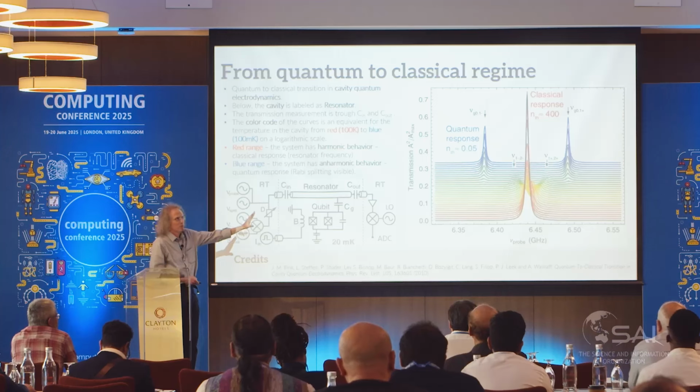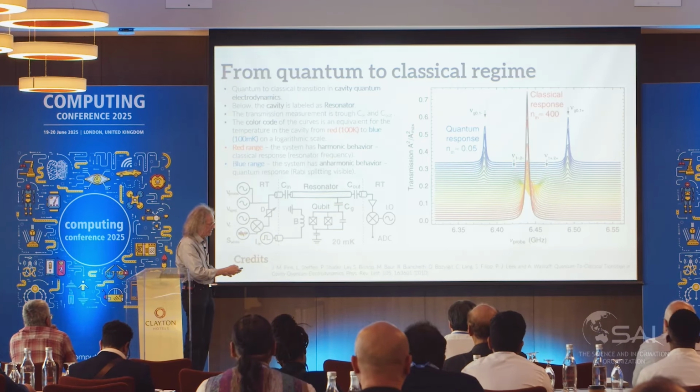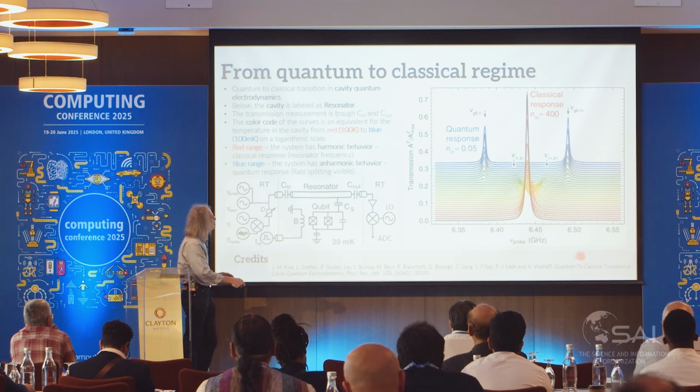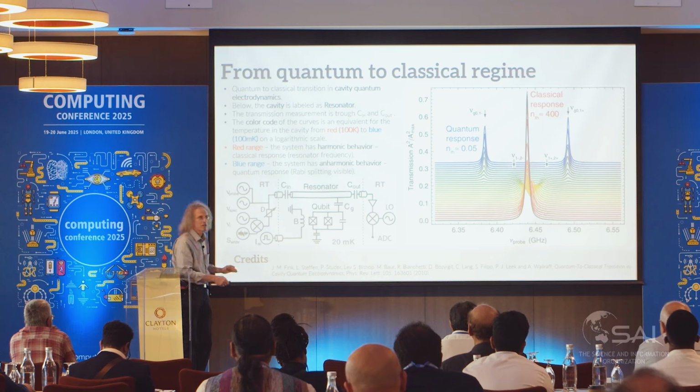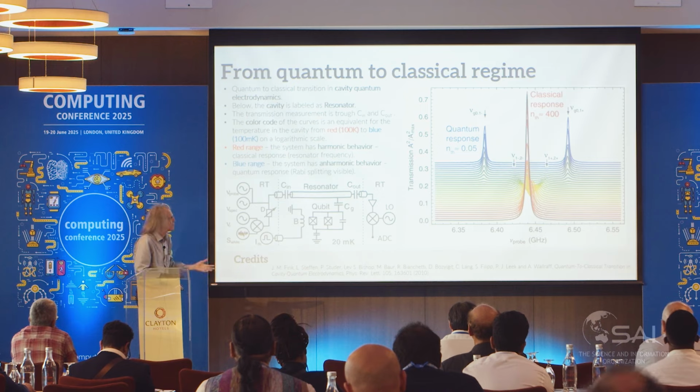So this experiment shows on this side the transition from the blue, that's the cold, the quantum response, to the red, our classical response. The classical response of this resonator is just its resonance frequency.